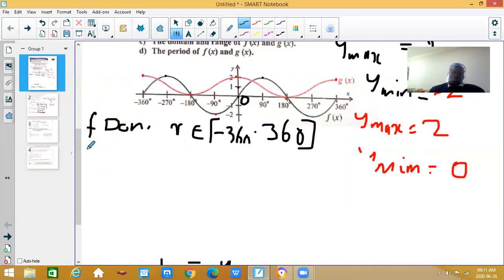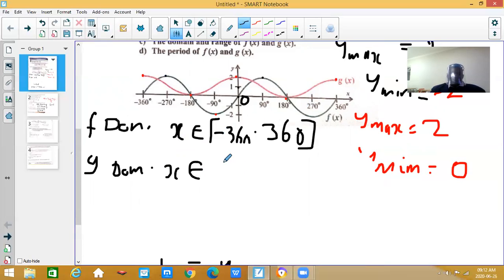Right. Now let us look at the domain of g. It is their values of x. Their values of x, when we are looking at g(x), it is this graph. Do we have any values of x that cannot be taken up by this graph?